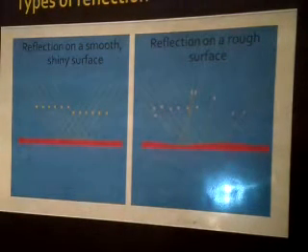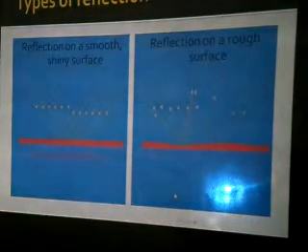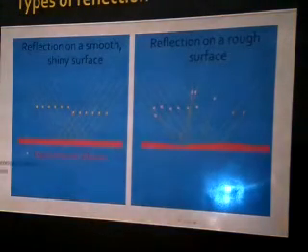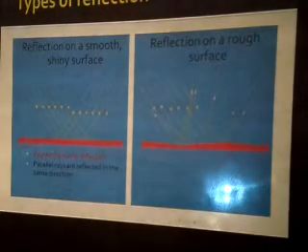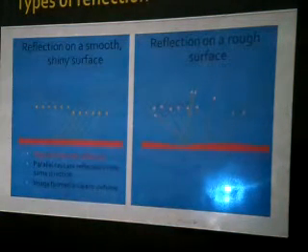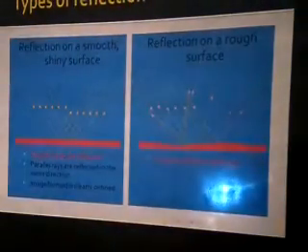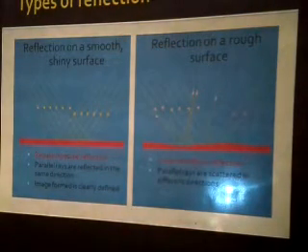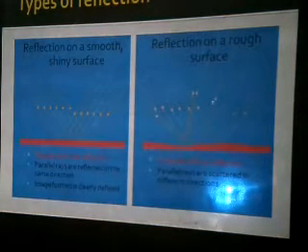So we'll look at the difference between the two types of reflection. First, regular or specular reflection. We realize that the light rays are reflected in the same direction, as I've said before, and then the image formed is clearly defined. When it comes to irregular reflection or diffuse reflection, we realize that light rays are scattered in different directions, as we can see here.